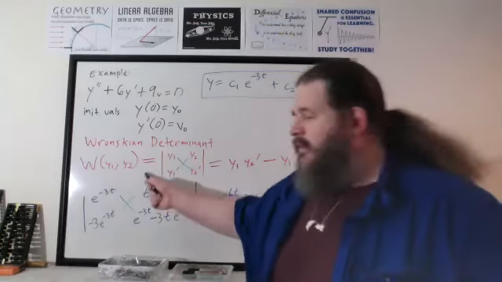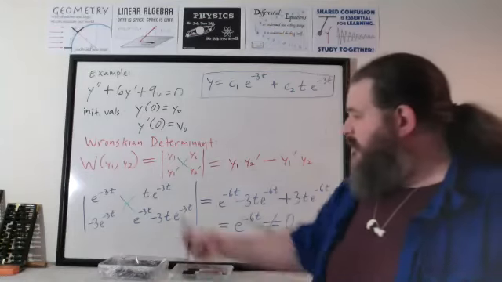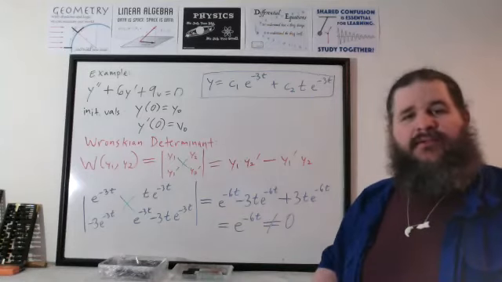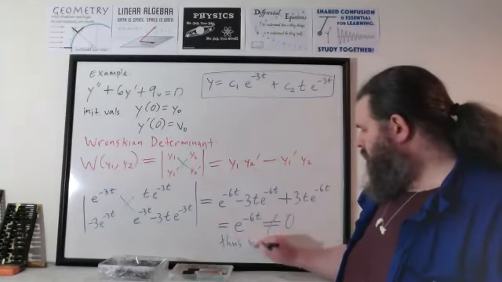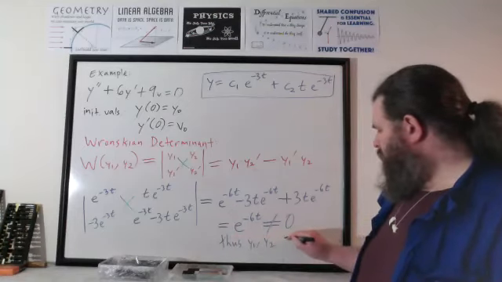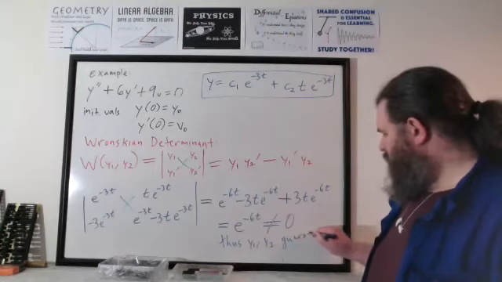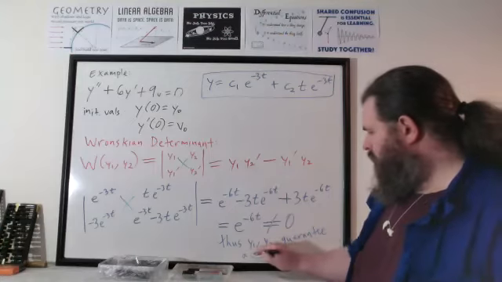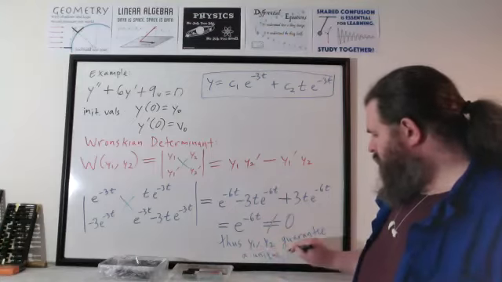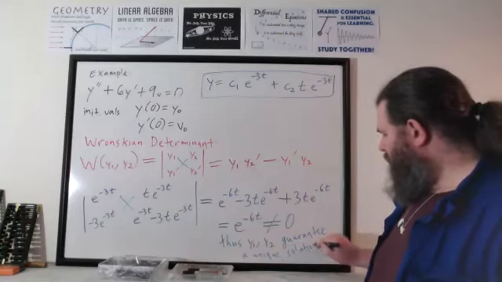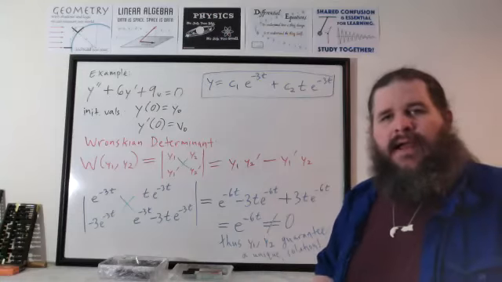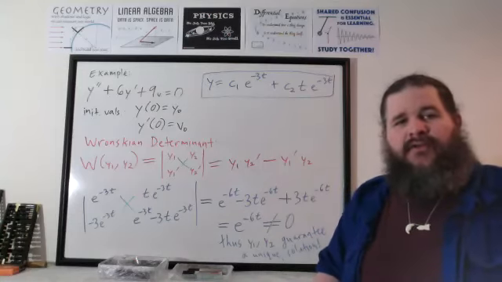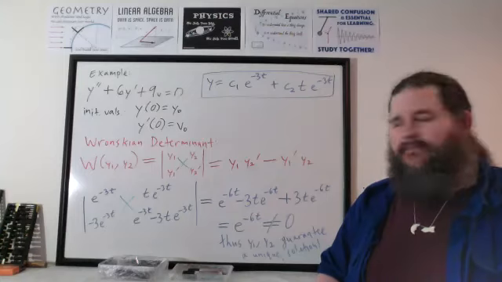The fact that the determinant is never 0 means this matrix is invertible, which means we get a unique solution. And that's good. That means these 2 functions really are enough. And in terms of linear algebra, we would say these 2 functions are linearly independent.